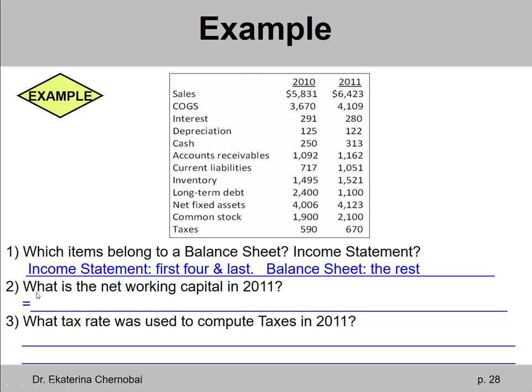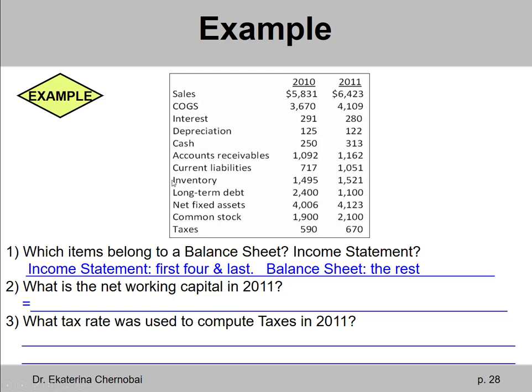Question number 2. What is the net working capital in 2011? What is the definition of net working capital? It's current assets minus current liabilities. Do we have current assets here in one line? No. But we know that current assets include three things: cash, accounts receivable, and inventory.